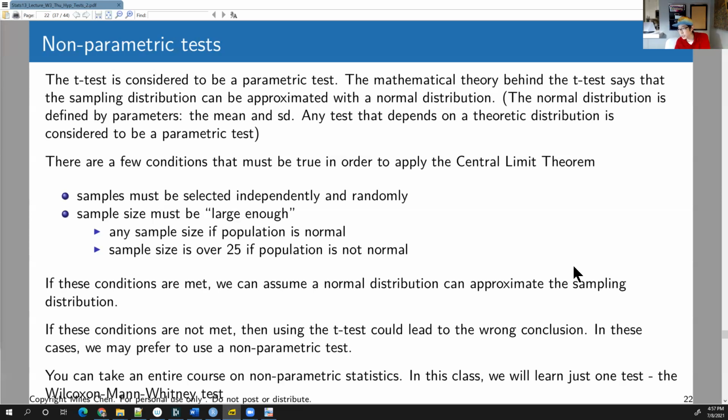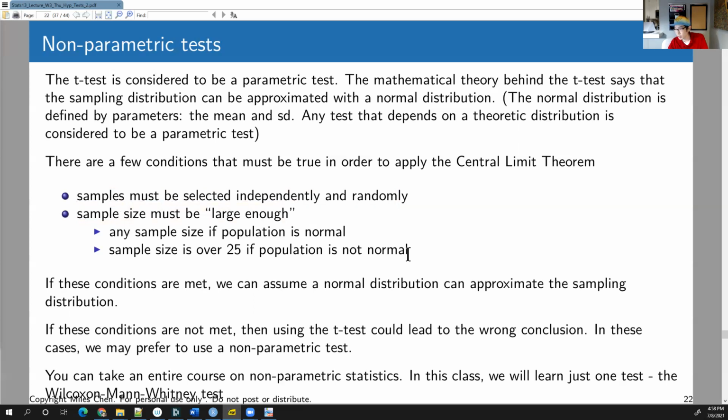Now, in order for us to use the t-test and apply the central limit theorem, there were a couple of conditions, and I think I talked about this on Tuesday, but I'll reiterate them here. The samples have to be collected independently and randomly. And your sample size has to be large enough. If the population is normal, then any sample size is large enough. But if the population is not normal, then you want a sample size of around 25 or more.